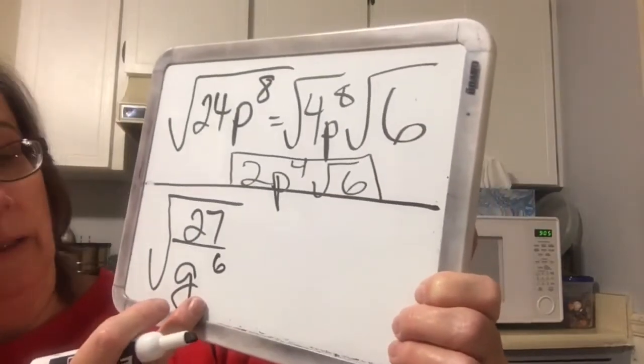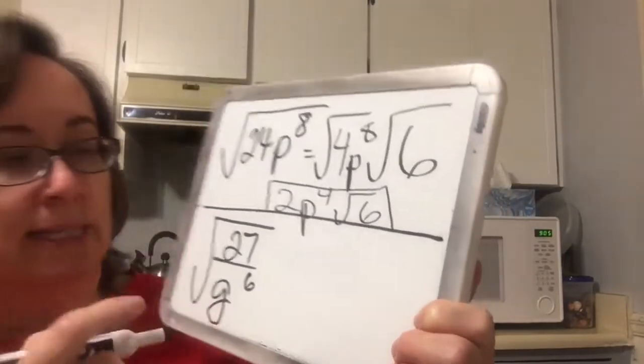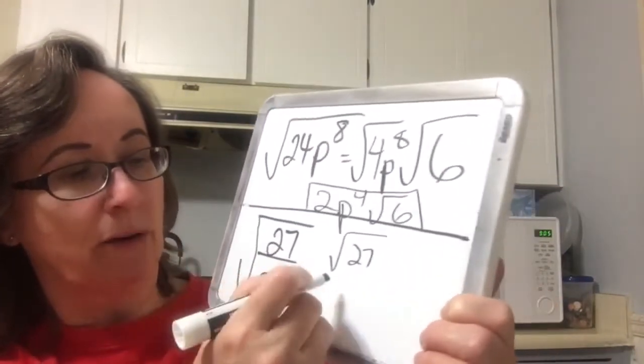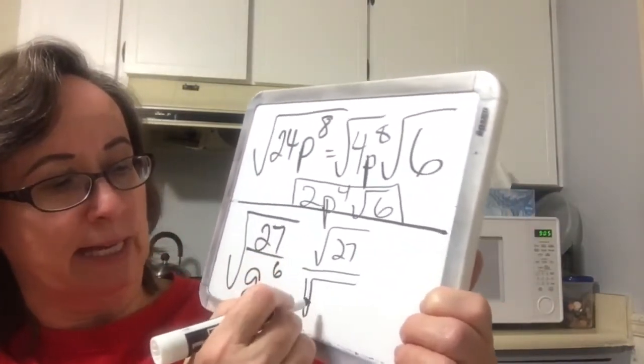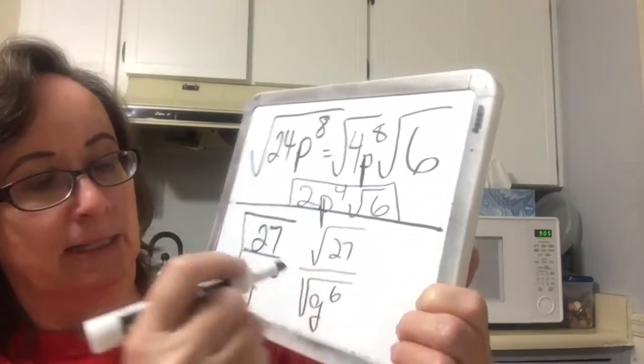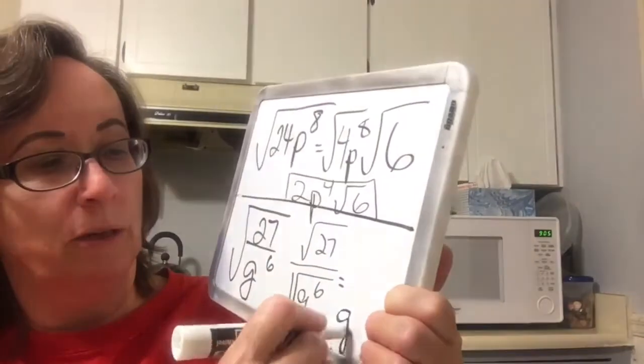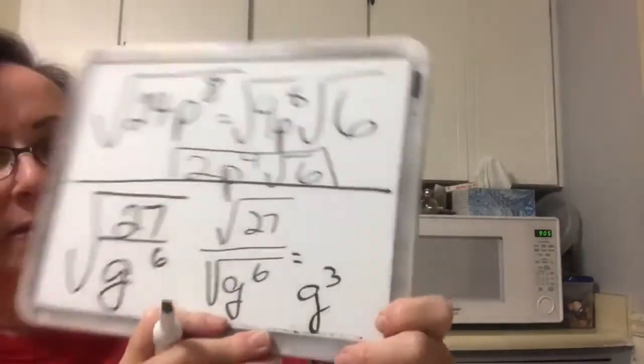Down here, we've got the 27 is not perfect. And the square root of g to the 6th is perfect. So the square root of g to the 6th will become g cubed when I pull it out of the radical.